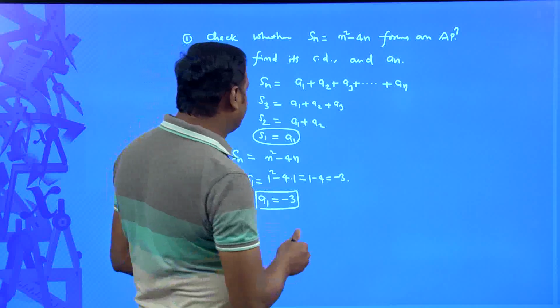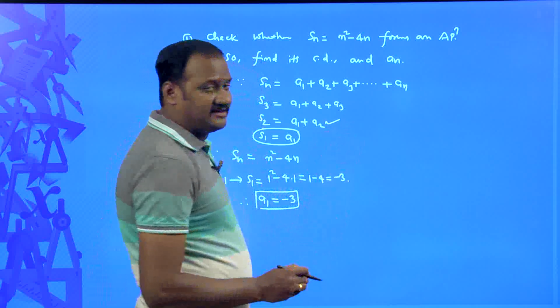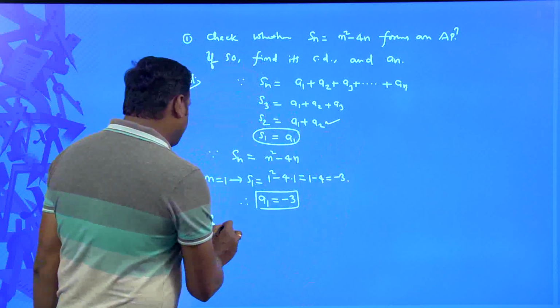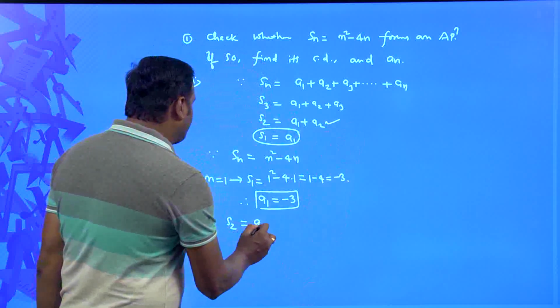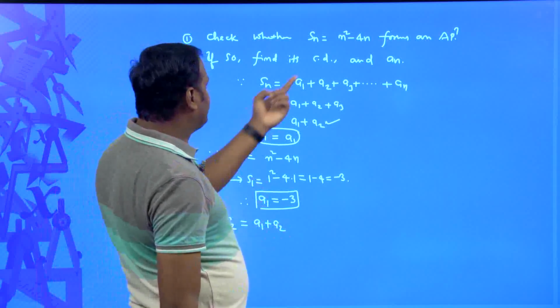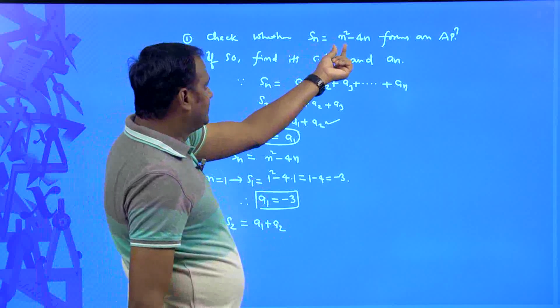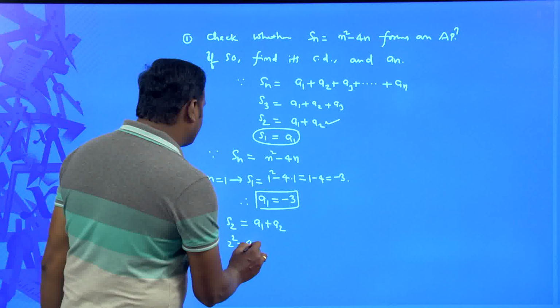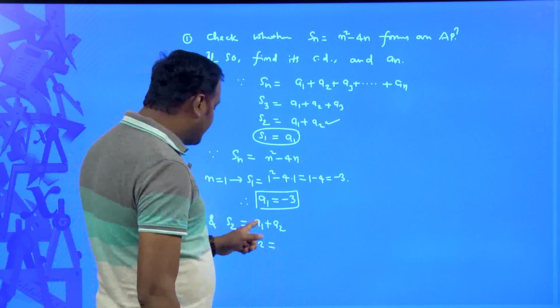To get the second term, S2 is equal to A1 plus A2. S2 means substitute 2 in the place of n. 2 square minus 4 into 2 is equal to A1 plus A2.